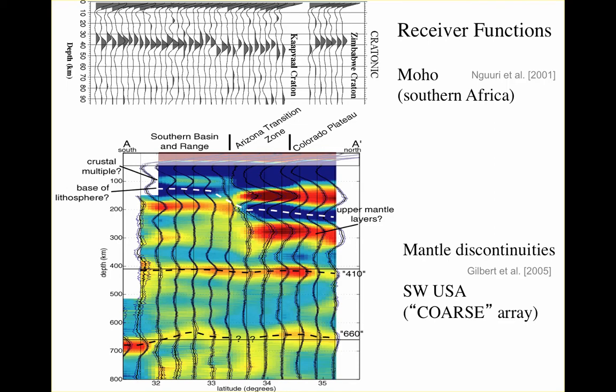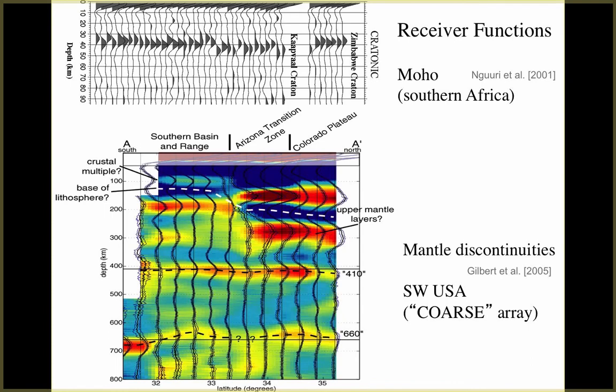Here's a series of seismic waveforms in which receiver functions have been calculated, and from the surface, shown here, we see a clear arrival in the receiver function at a depth of about 30 to 35 kilometers that very clearly marks the moho, in this case beneath southern Africa.